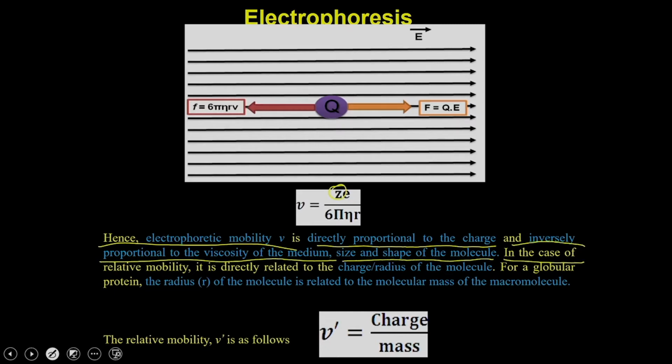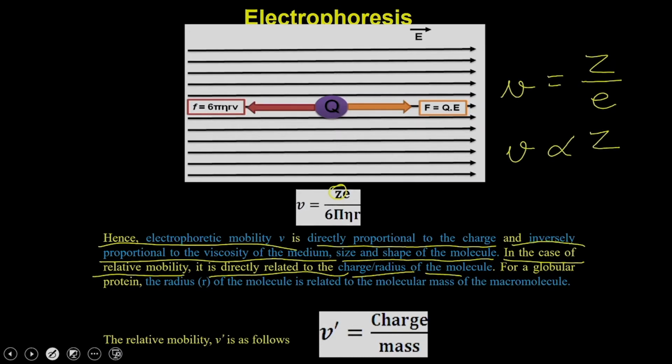In the case of the relative mobility, it is directly related to the charge by radius of the molecule. That is what we have said, right? V is equivalent to Z by E, which means V is directly proportional to Z and V is inversely proportional to 1 by R. And R is directly proportional to the mass of the molecule.